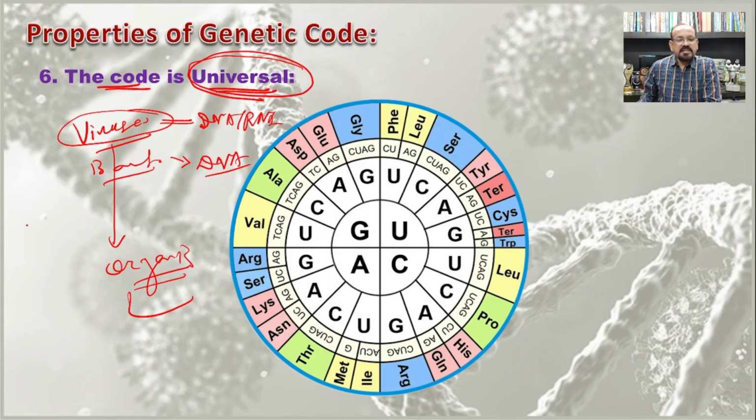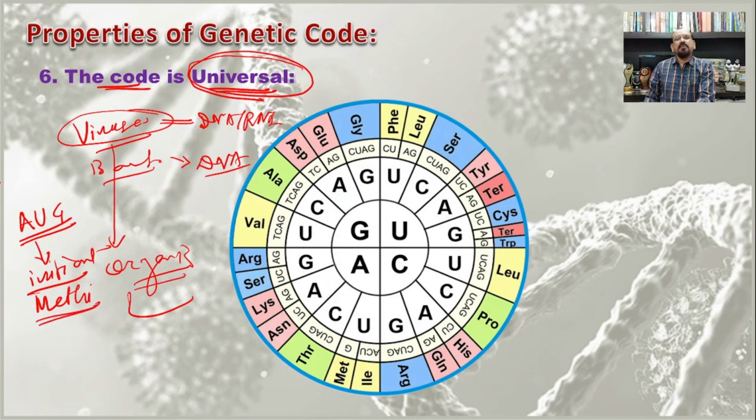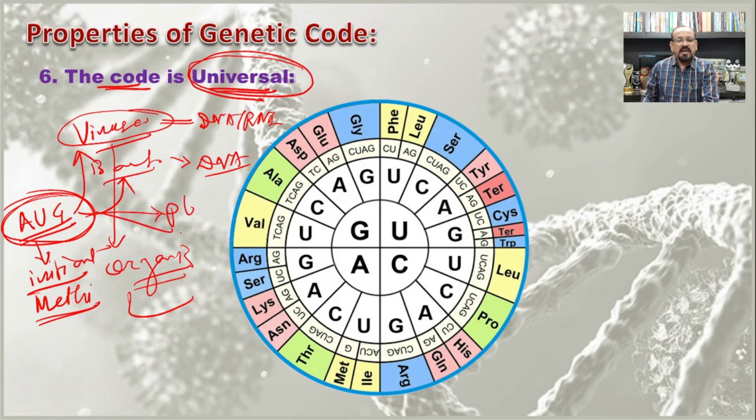So, as we have seen that AUG, which is the initiation codon and is responsible to specify the amino acid, and that is the methionine. So, this AUG as an initiation codon is in the bacteria also, viruses also, in the plants also, and in the animals also.